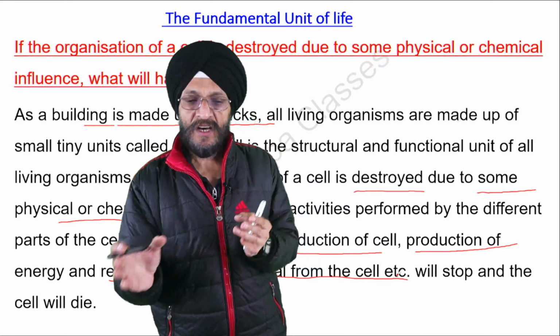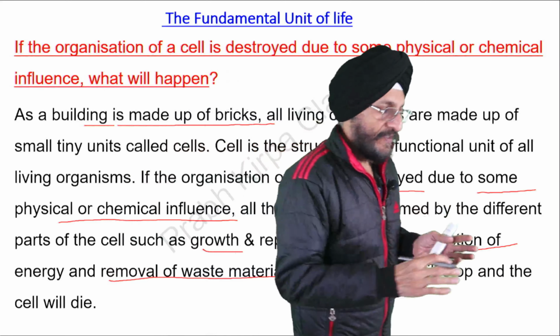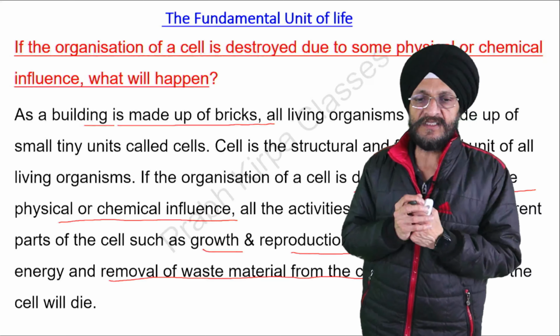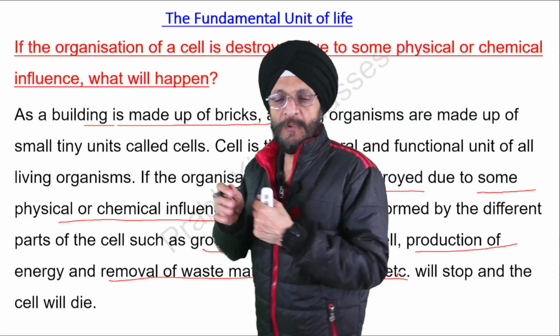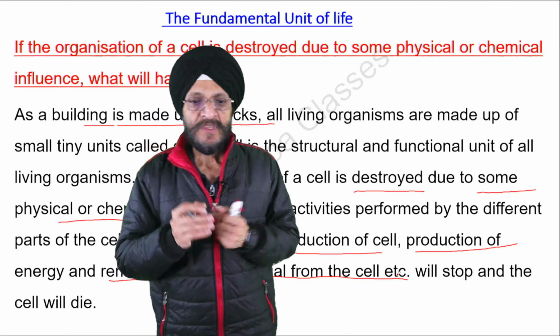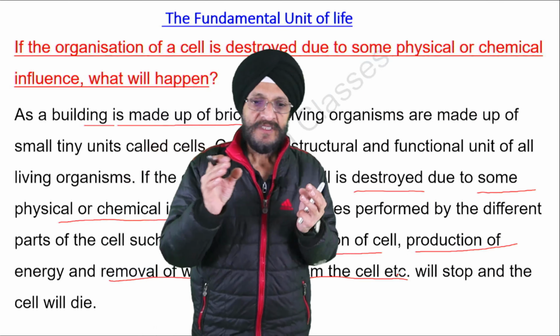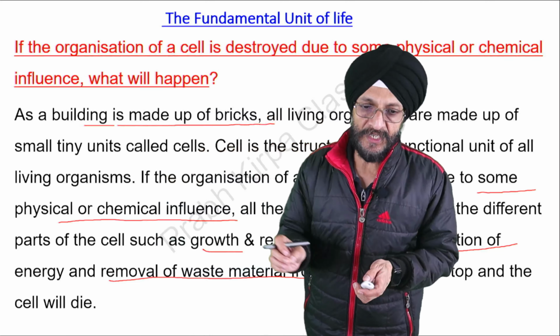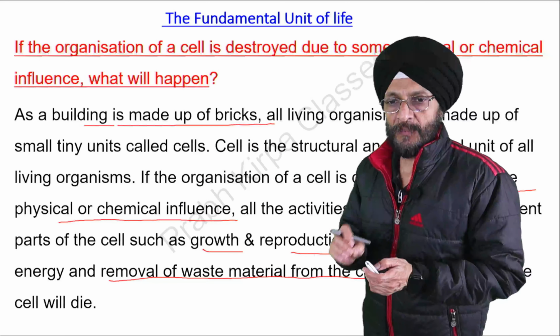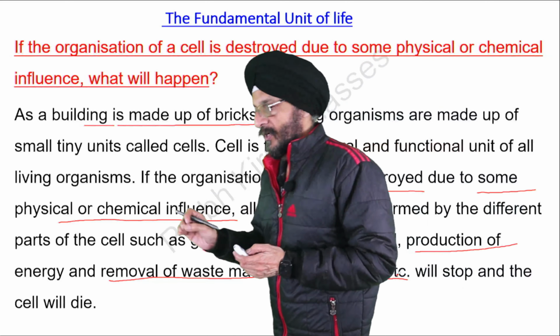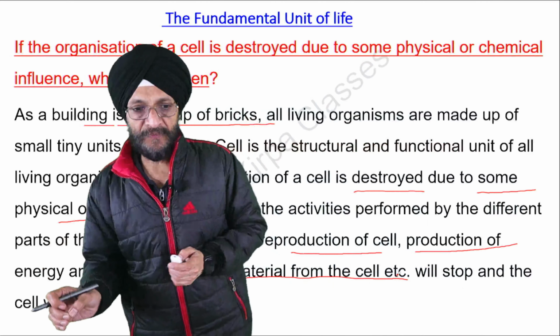There are many cell organelles inside the cell which perform different types of functions, and if this organization is destroyed, the cell will naturally die, because the functions performed by different cell organelles will not be performed.